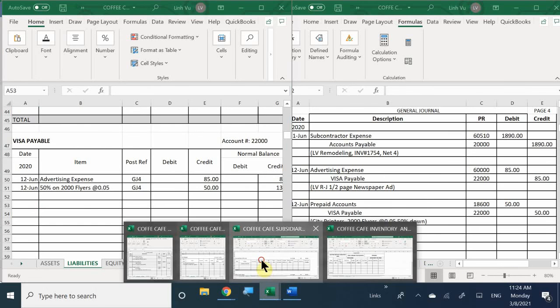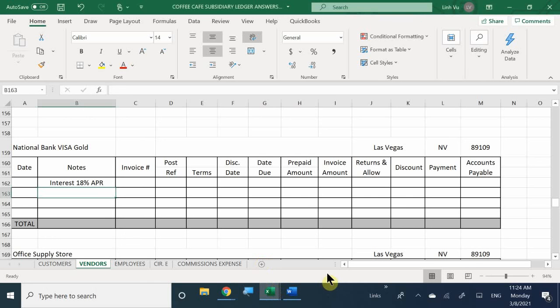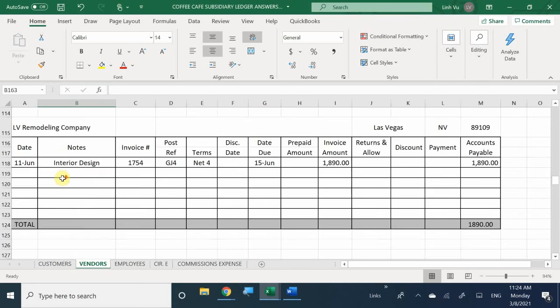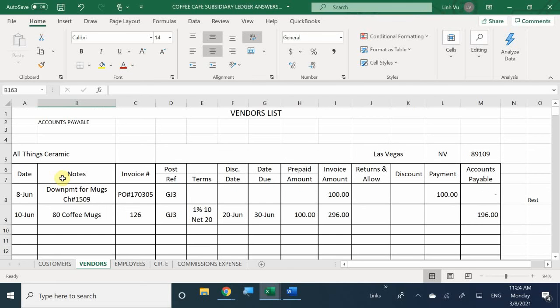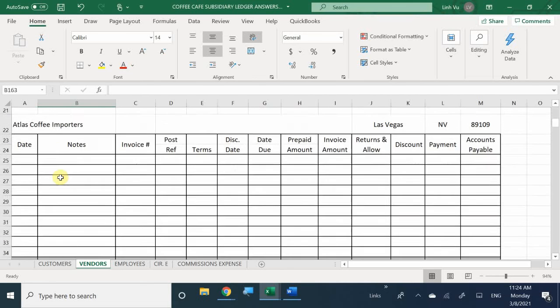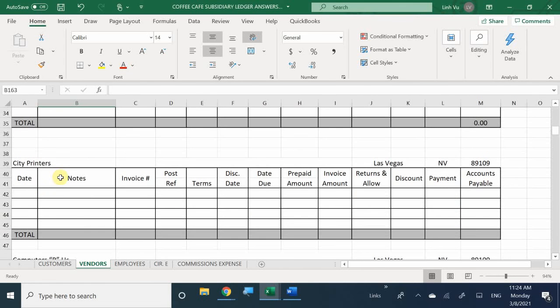Last but not least, we are going to go to our subsidiary ledger because now we are involved with another entity. We are involved with City Printers. Here we are, City Printers. Date is once again June 12th. Okay.